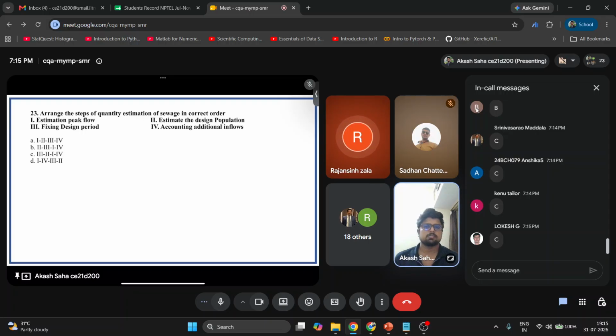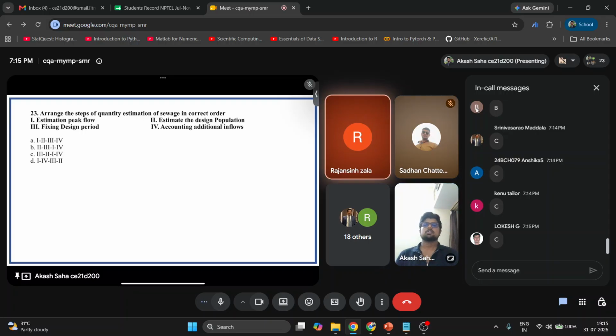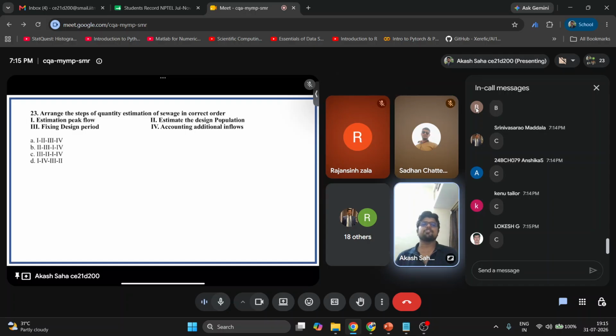C, 3214. Definitely for any estimation, we have to fix up the timeline. What is my period of study? Because I want to know at the end of what period the capacity is required. So first will be fixing the design period. Once we have fixed the design period, we want to know the estimated population, because the total quantity will vary based on population.